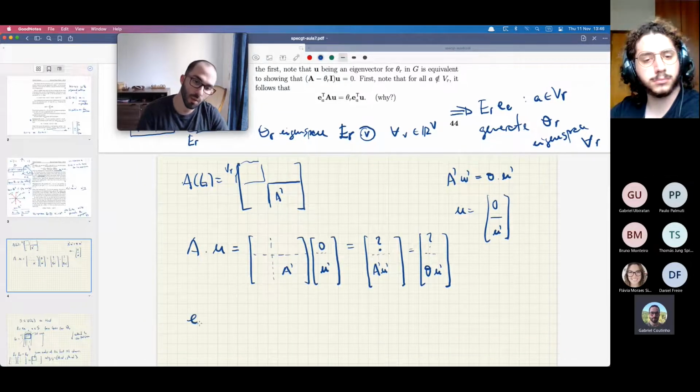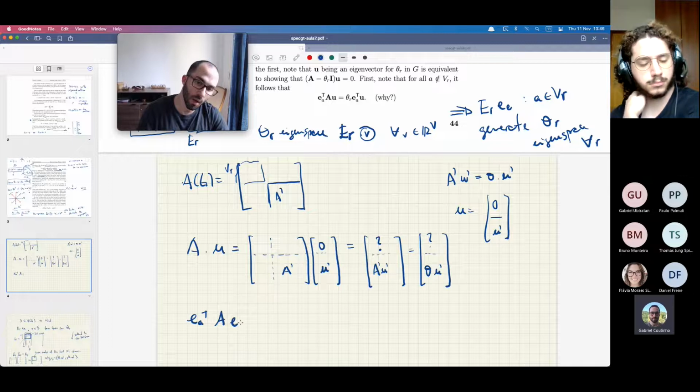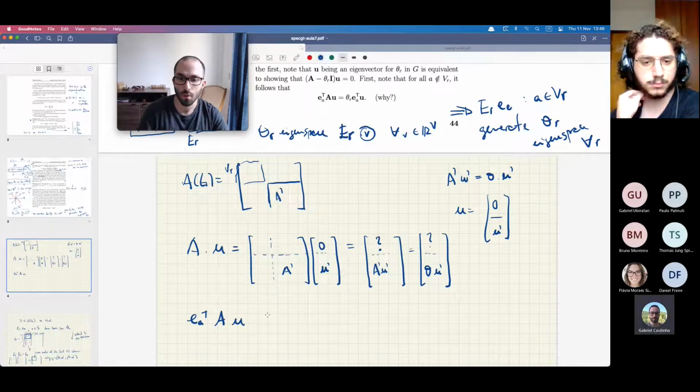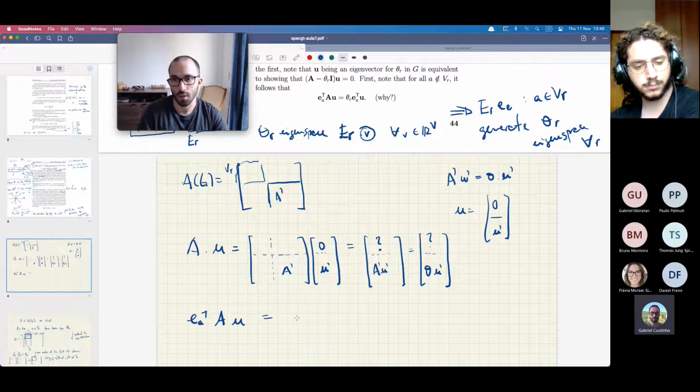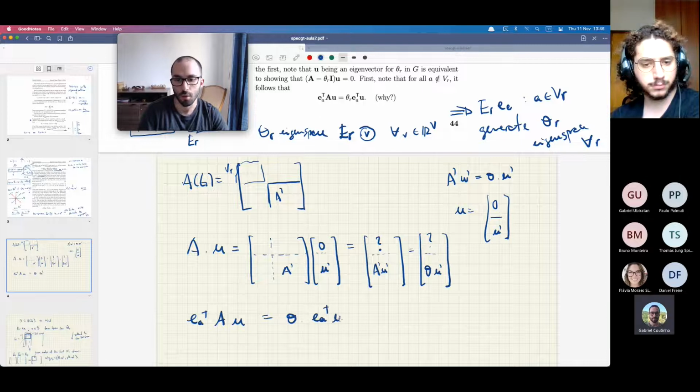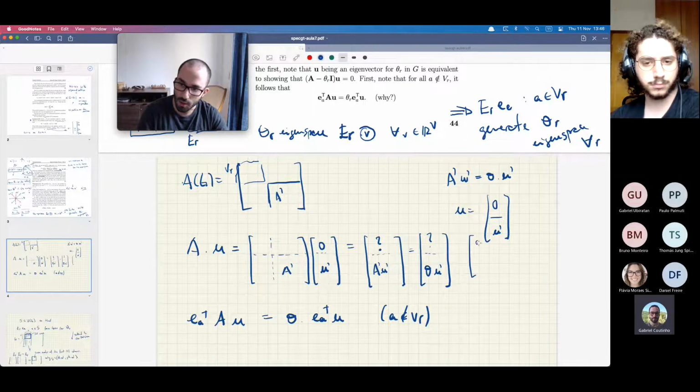So when I multiply E sub a transpose by A times U, the result is theta E sub a transpose U, if a does not belong to V sub R. So I'm simply multiplying this vector by a characteristic vector that has zeros here.